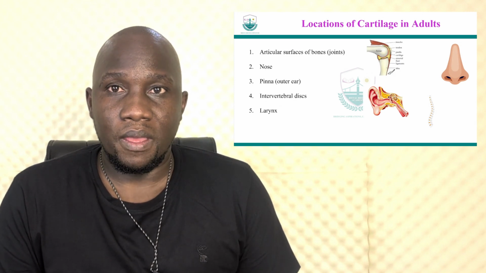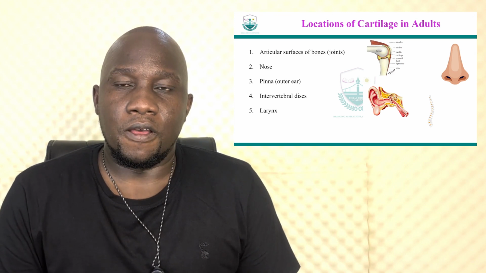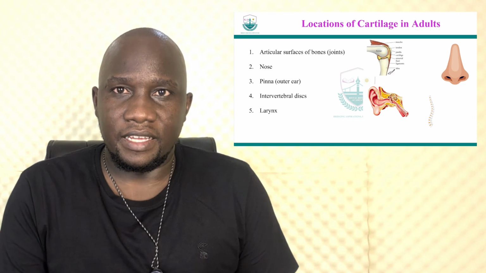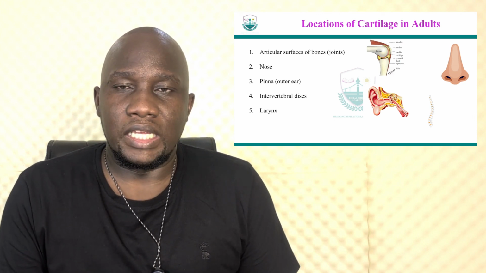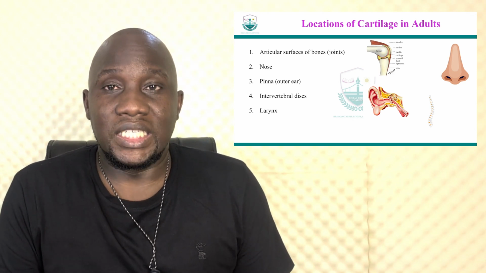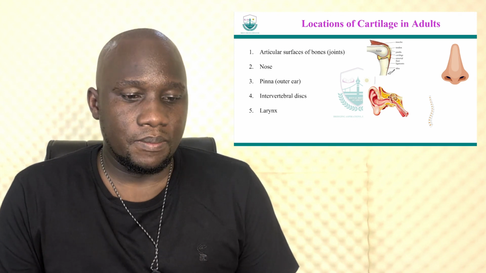The nose, the pinna, and also in the vertebral column, from one vertebra to the other, there are the intervertebral discs. Those intervertebral discs are actually cartilages.